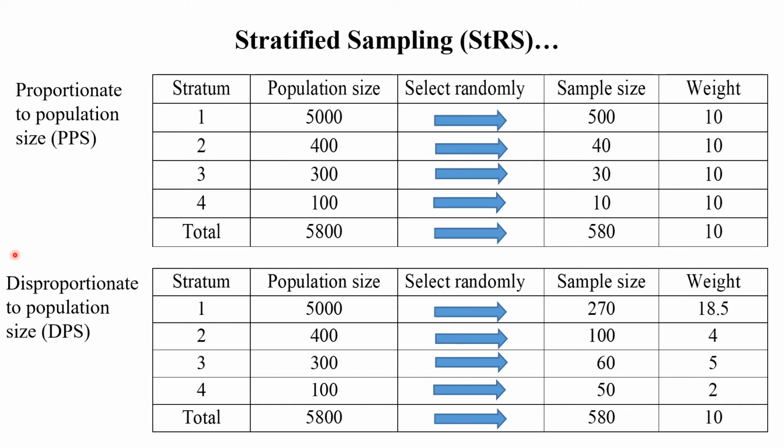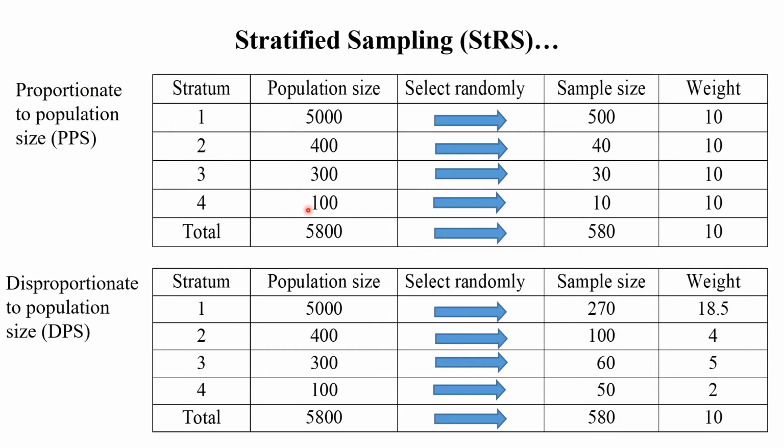So it's not necessary you must take proportionate to population size. Supposing only 10 members in this strata, only 10. If I take 10%, only 1 sample will be here. That is not enough. So therefore, there are 2 methods here. This is proportionate.